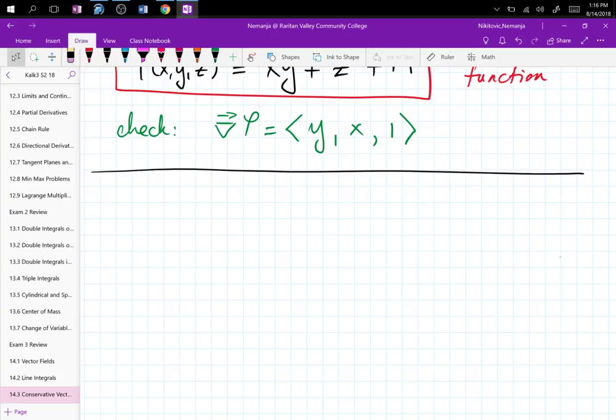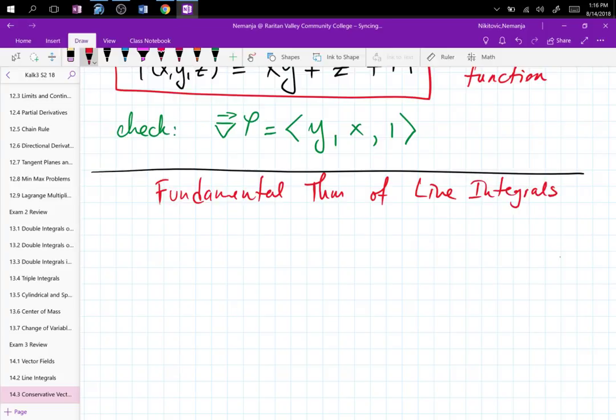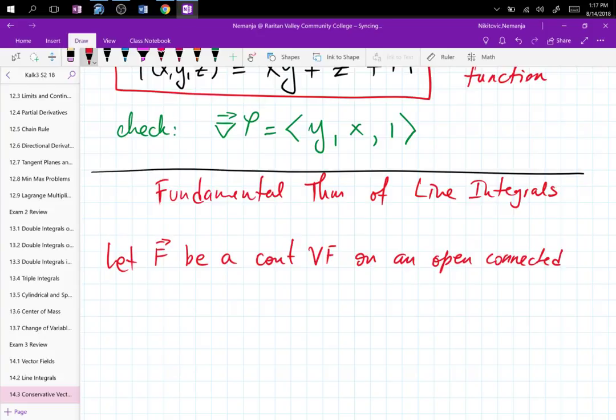So, fundamental theorem of line integrals. The fundamental theorem of line integrals says: let f be a continuous vector field on an open connected region in R2 or R3.